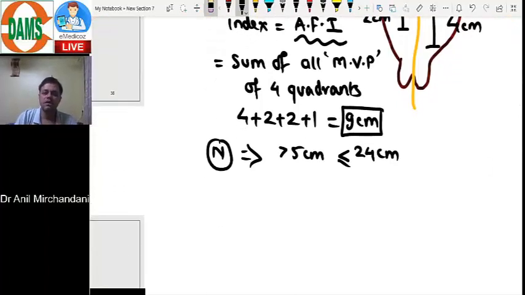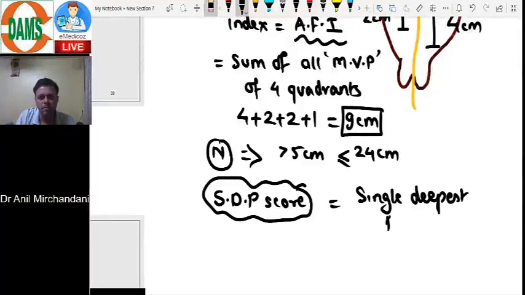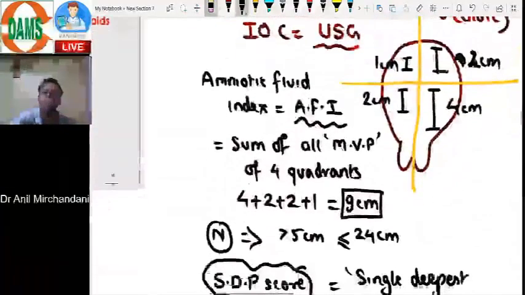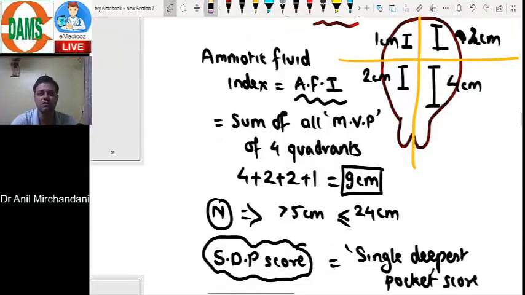There is another method of diagnosing normal abnormal, and it's called single deepest pocket score. Now in the same case, 1, 2, 2, 4, which is the deepest pocket? The answer is 4 centimeter.